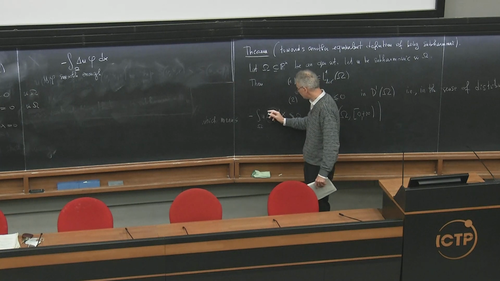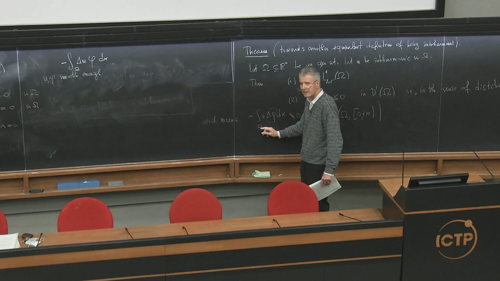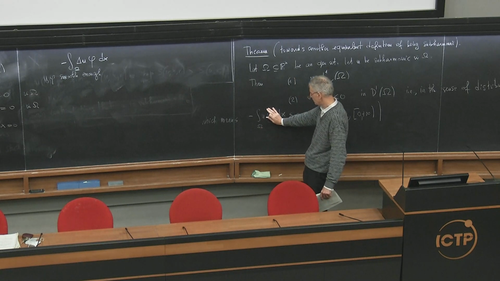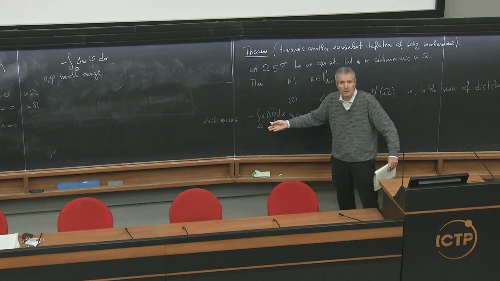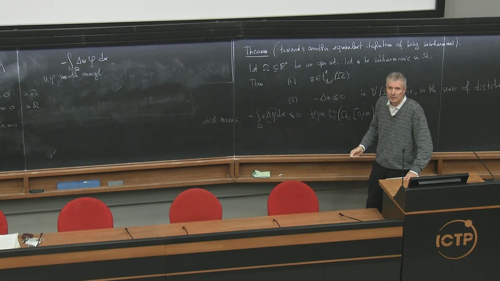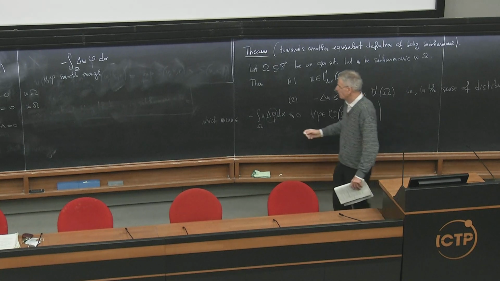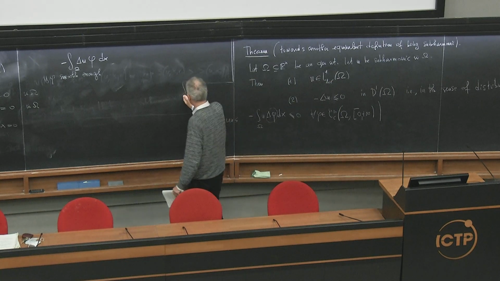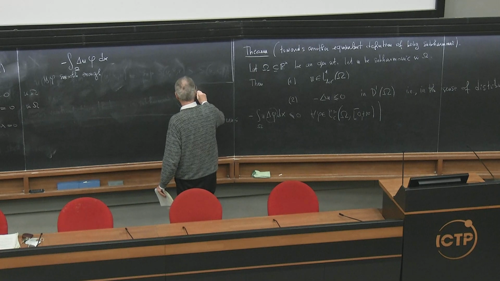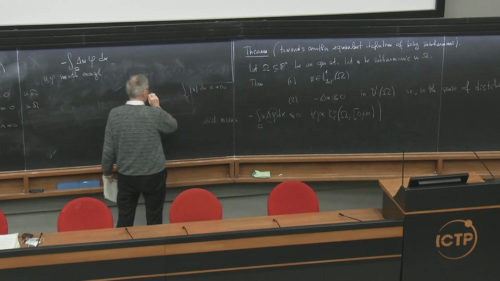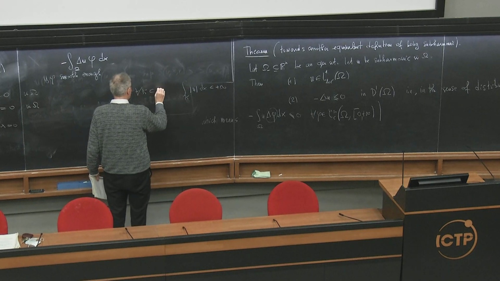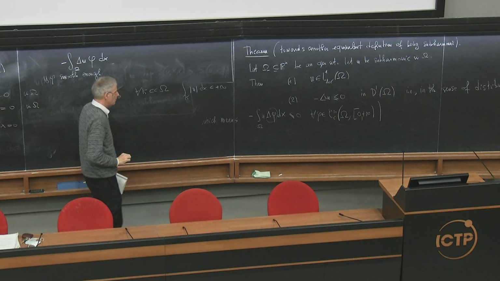This means that this integral must be converging if I put here any compact subset of omega; we need essentially this to be finite for any compact subset of omega.